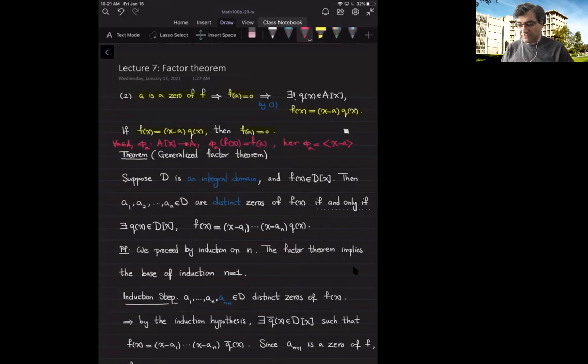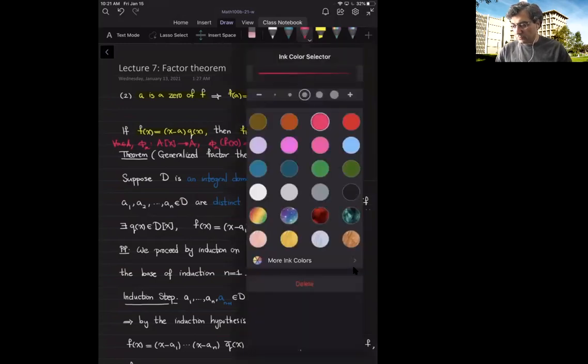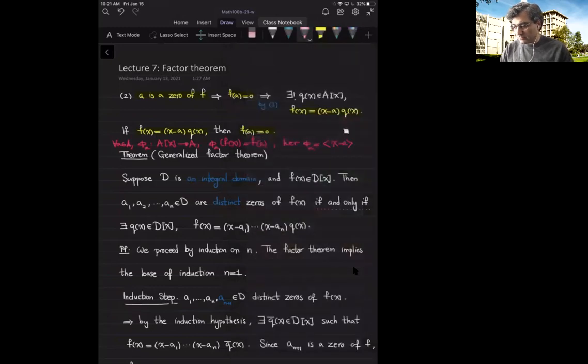Of course, the image of the evaluation map here is precisely A, and what we are getting is that by the first isomorphism theorem, the ring of polynomials A bracket x modded by the ideal x minus a is always isomorphic to the ring A. Okay, so again, let me write it down. If I combine it with the first isomorphism theorem, we deduce that this modded by the ideal x minus a is isomorphic to the ring A.